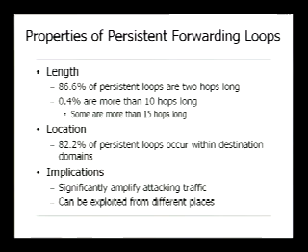So we will look at the properties of the persistent forwarding loops. First, we want to know how long they are, that means how many routers are involved in a persistent loop.